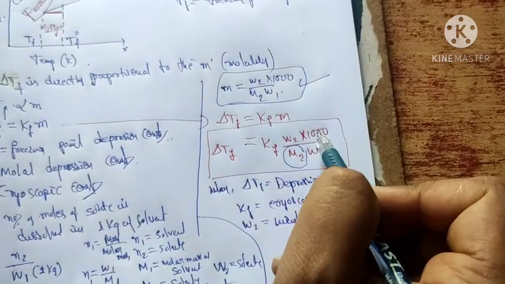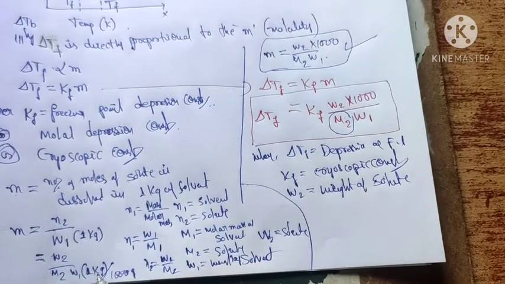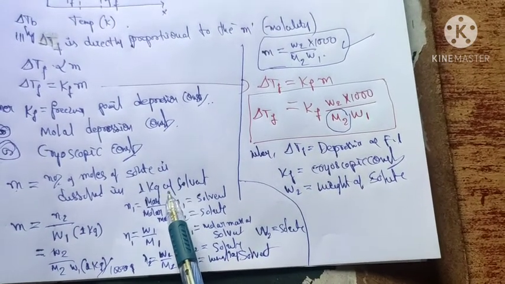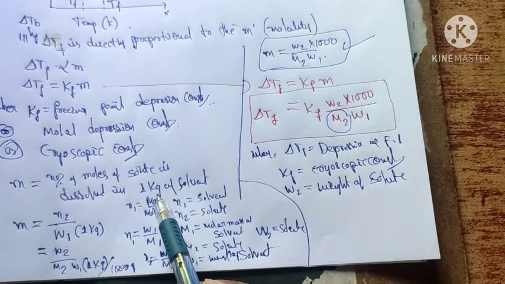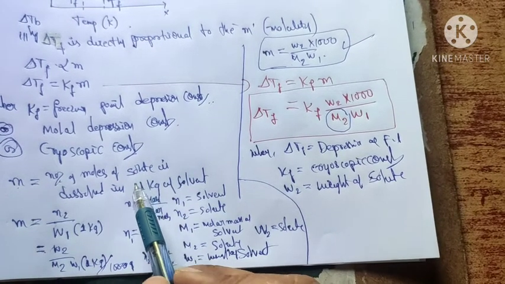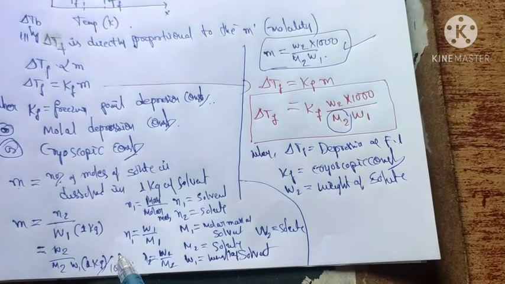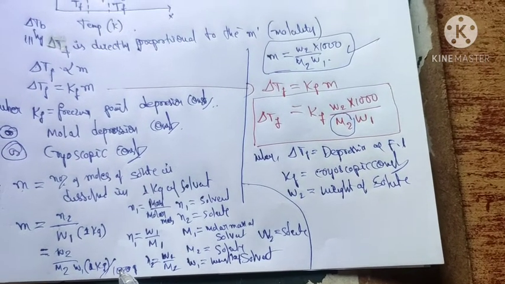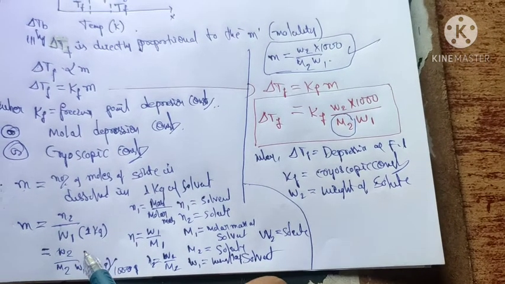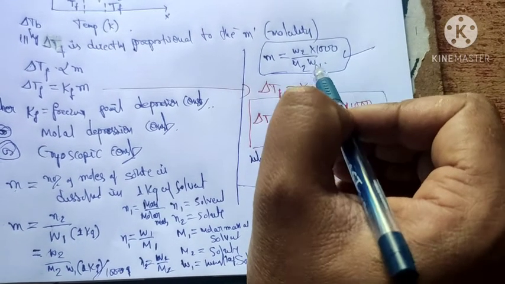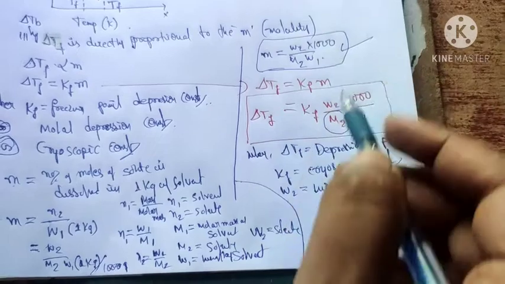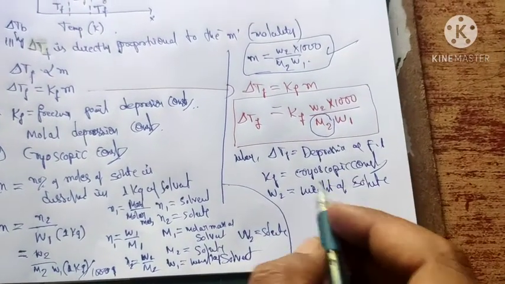Why did we multiply by 1000? See here, the solvent is in 1 kg. The kg is converted to grams, that's why it is divided by 1000 grams, so this 1000 is in the numerator. The values of this one are also in grams, and this one also in grams. That's why we multiply by 1000. Clear?